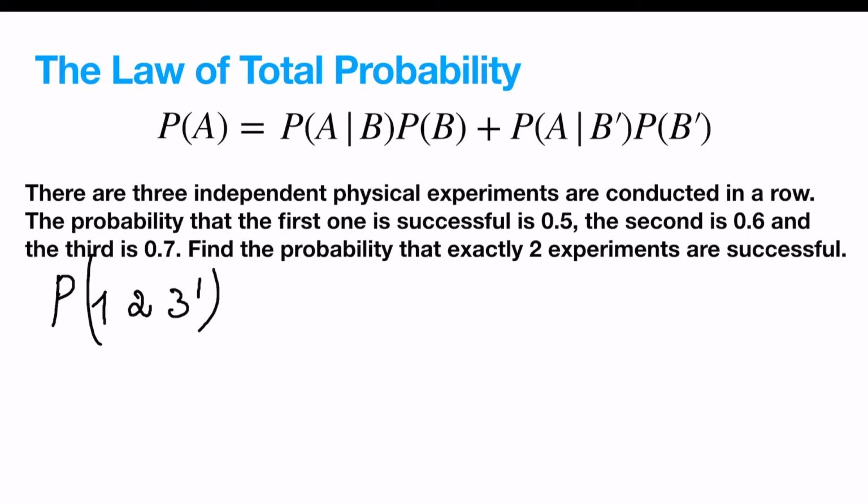You want the first one to be successful, the second one to be successful, and the third one to be unsuccessful, for sure. This is one of the scenarios when you might have 2 successful experiments. Is it the only scenario? No, right? There are 2 more. So it is possible that it is going to be the probability of 1, 2 prime, 3. 2 prime means the complement, right?